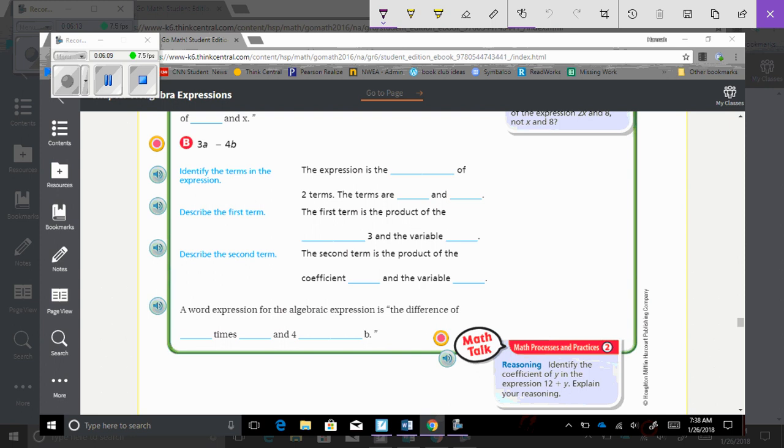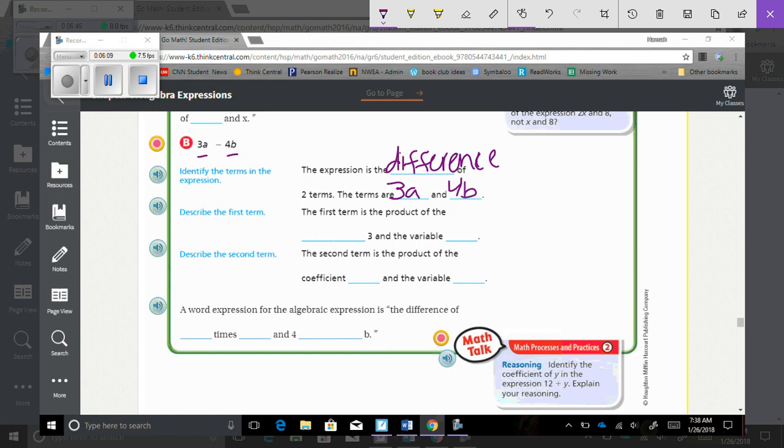3a minus 4b. Identify the terms in this expression. So we still have two terms because there's only one subtraction sign. The expression is the difference. Okay, so the difference, if we see subtraction, we know difference. Okay, so then the two terms, the terms are 3a and 4b. Describe the first term.